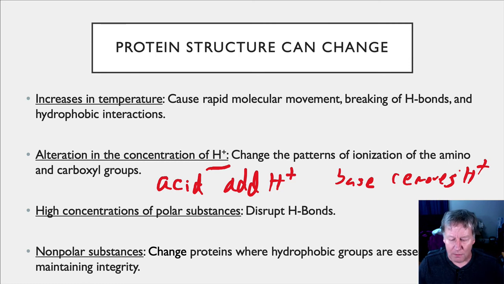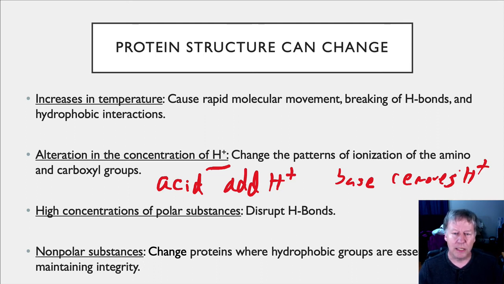Proteins are generally designed to work really well in certain pHs. For example, the enzymes that are in your stomach right now work really well in a very acidic environment. But if you take them out of that acidic environment and put them in a different environment, they might not work very well. Similarly, other enzymes might work really well in a basic environment, and if you put them into an acidic environment, they won't work very well.